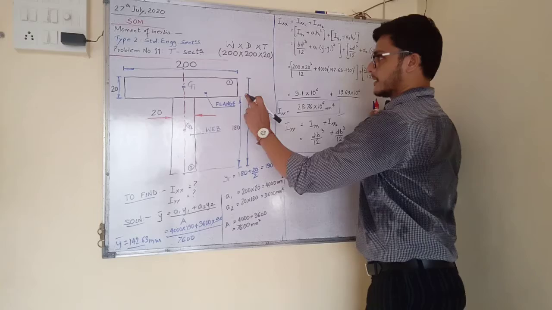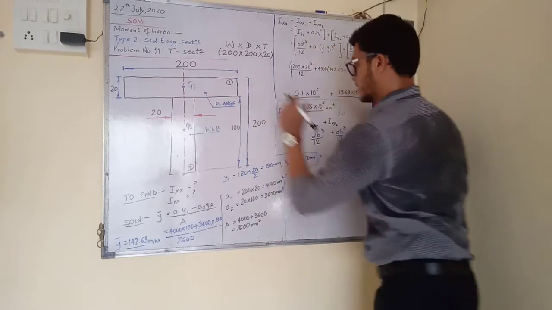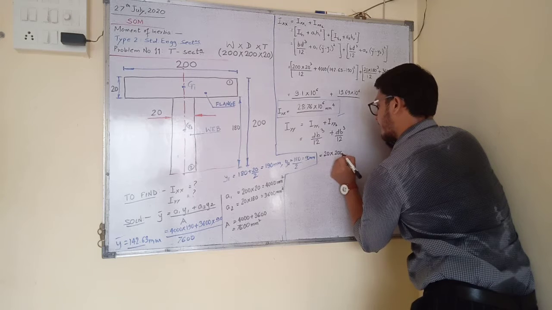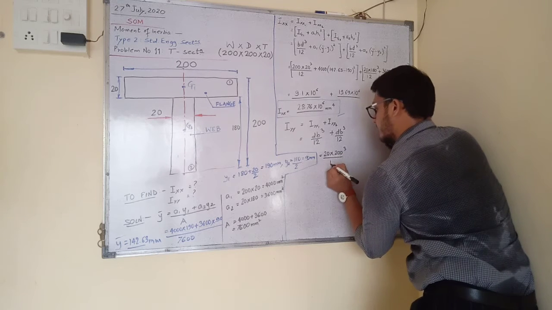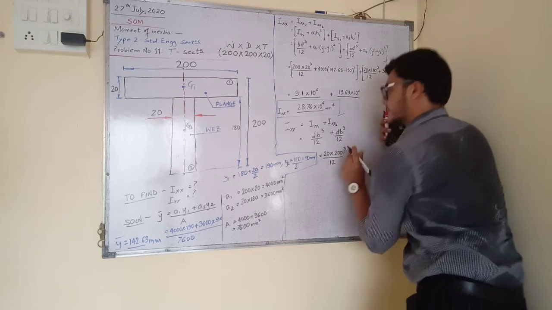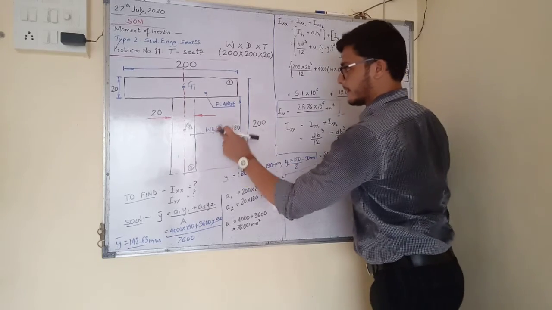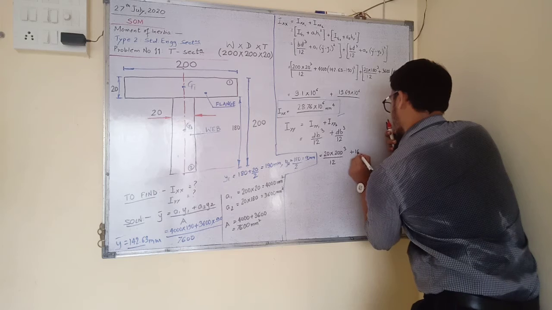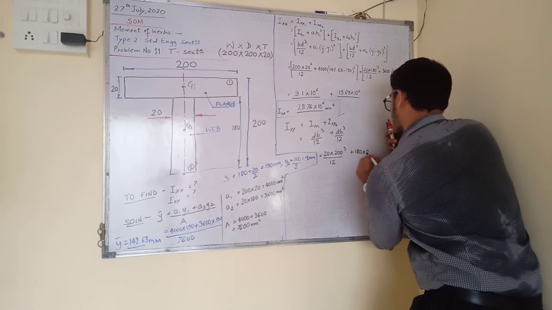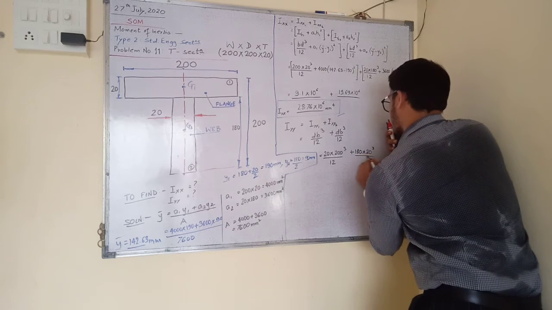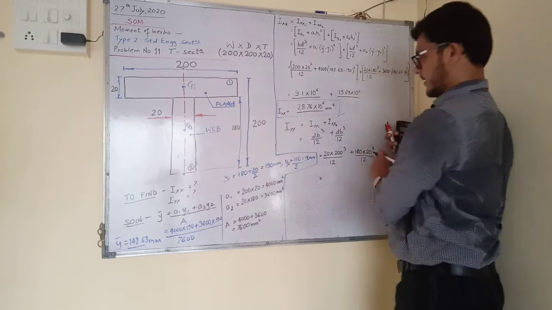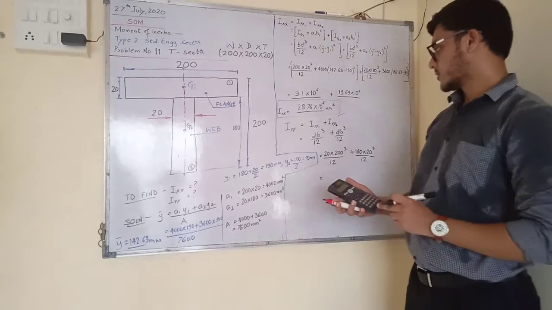First rectangle, d is 20 and b is 200. 20 into 200 cube divided by 12 plus second rectangle, d is 180, b is 20. 180 into 20 cube divided by 12. So you can solve this in one shot also, or you can solve it partially.